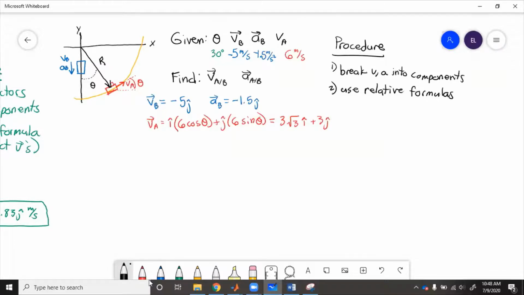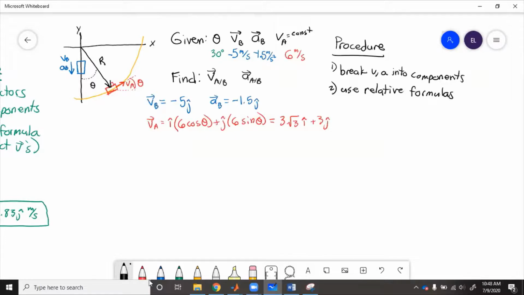Now acceleration of A. VA is a constant speed. This is given. Well, if VA is a constant speed, is there any acceleration? There is no linear acceleration, but there is radial acceleration because it's going in a curve.